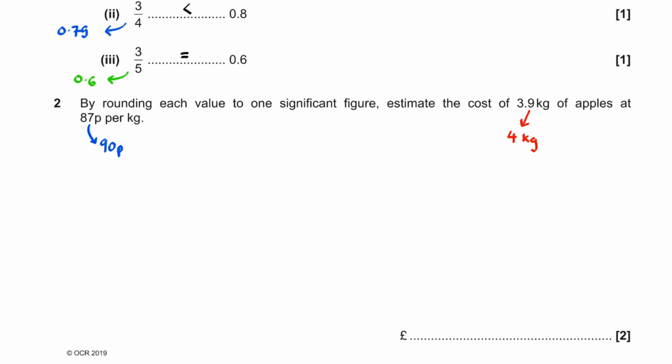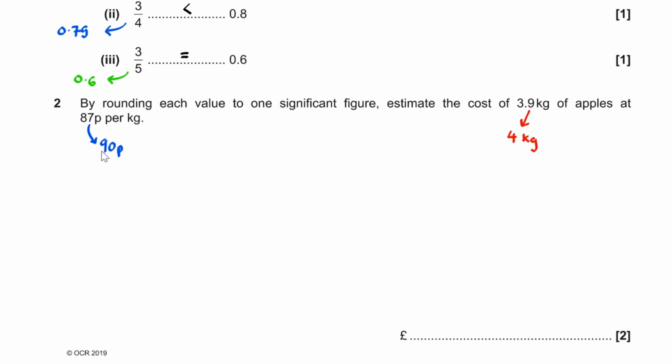And so therefore, we have to estimate the cost of 3.9 kilograms of apples at 87p per kilogram. Using our rounded values, we have to use the 4 kilograms and the 90p.